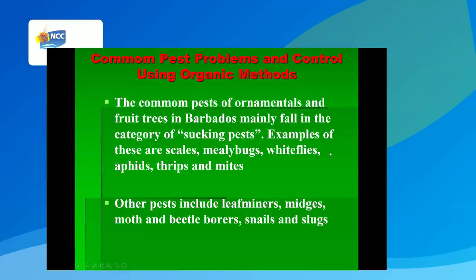Examples of these are scale insects, mealybugs, whiteflies, aphids, thrips, and also mites. But the gamut of pests also includes other things like leaf miners, midges, moth and beetle borers, snails, and slugs, which actually eat parts of the plants as opposed to sucking the sap from them.